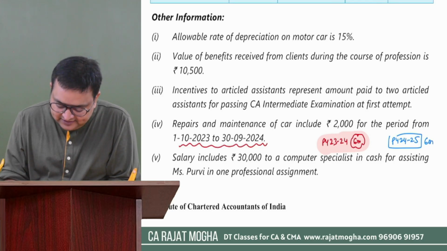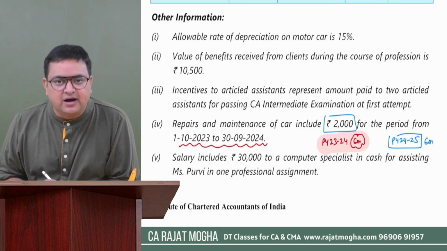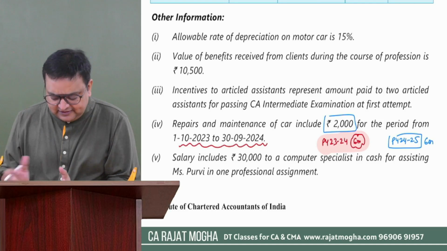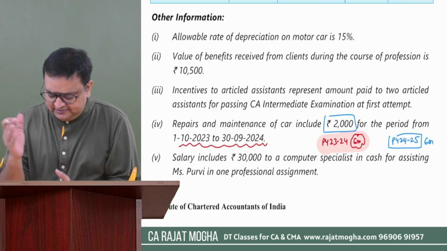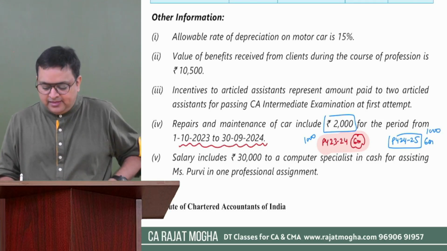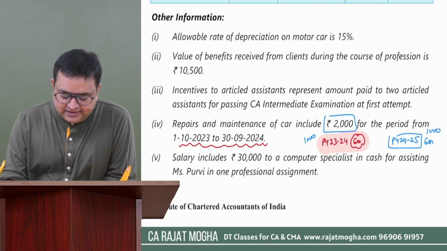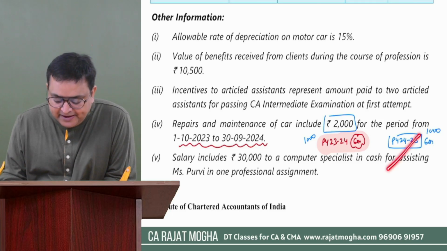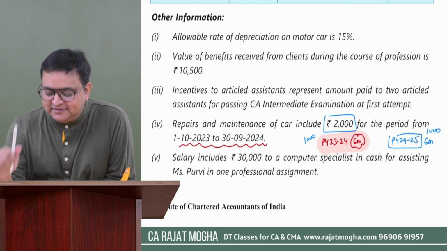So we can say this 2,000 expenses which is related to car repair. So if we'll divide in 6 months, then we can simply divide it by 2. It would be 1,000 each, right? So the question here is that assessee has paid some prepaid expenses, whether that prepaid expenses is allowed or not.